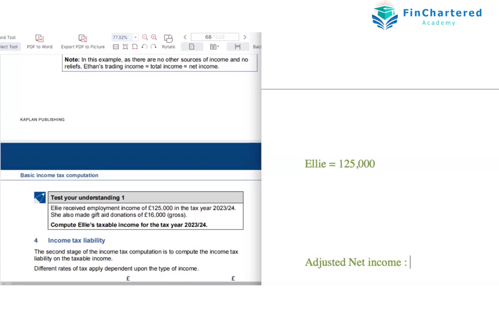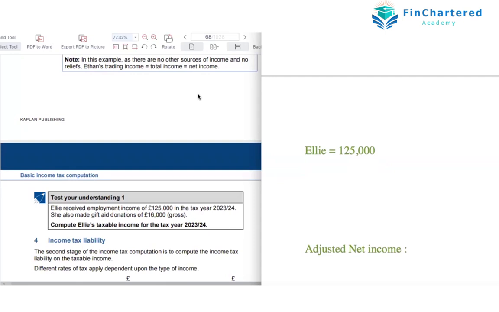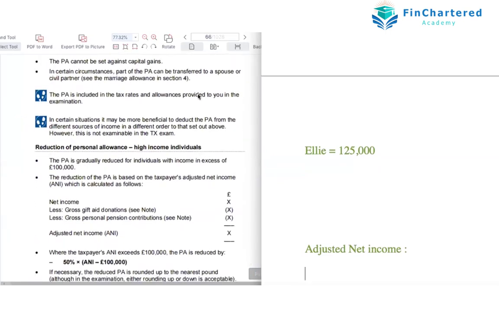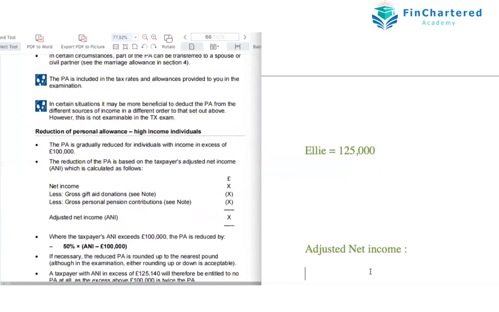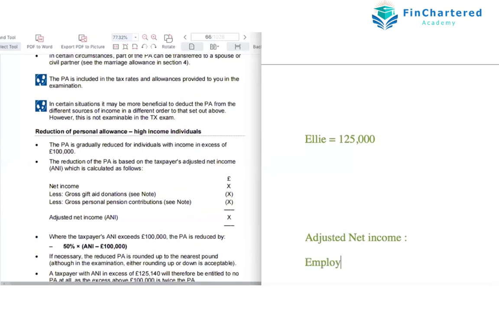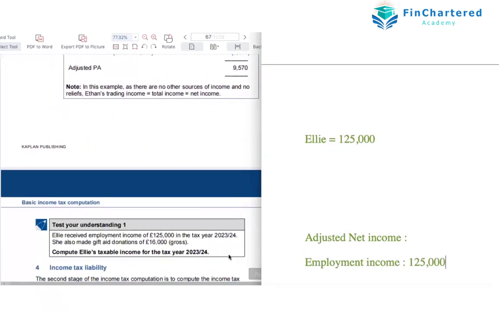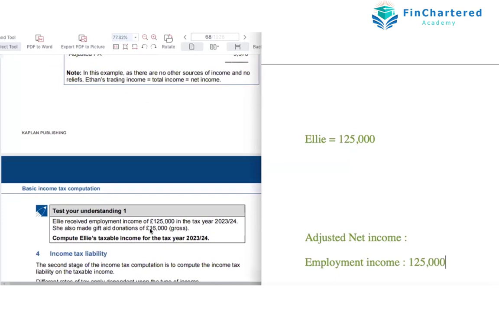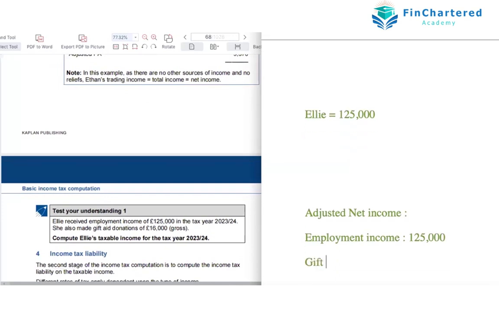She has an income of 125,000. You see here, there is a net income of 125,000. Employment income in her case is 125,000, from which you are deducting the gift aid donations, right?